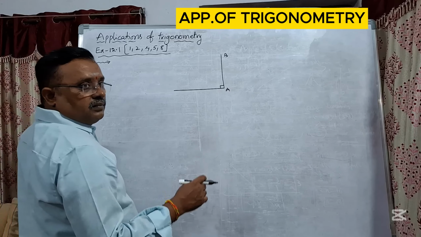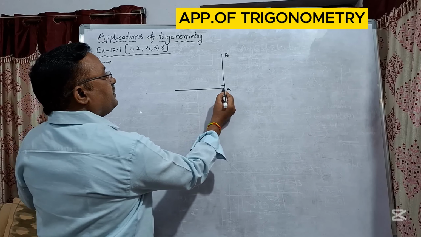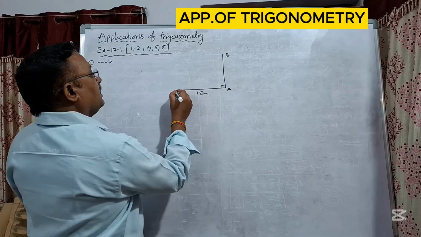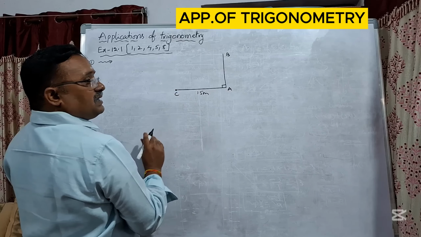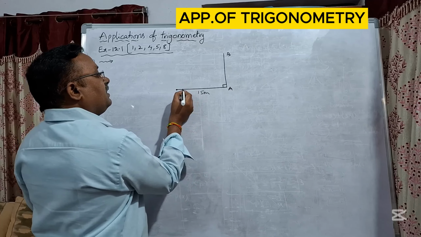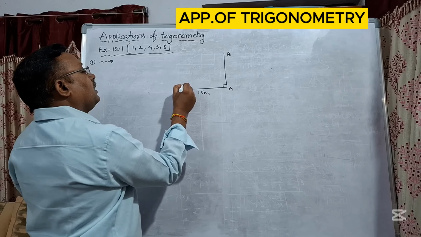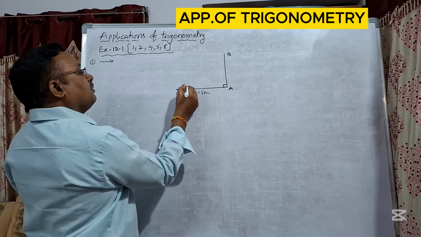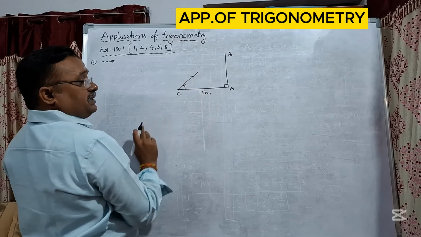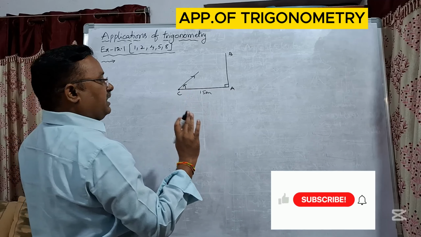Now from a point 15 meters away from the foot of the tower, there is an observer, let it be C, making an angle of elevation. Means from the normal side to observe the upper object, whatever angle is formed, that is called angle of elevation. So use the arrows for proper understanding.